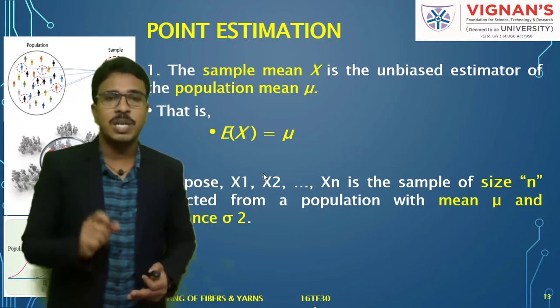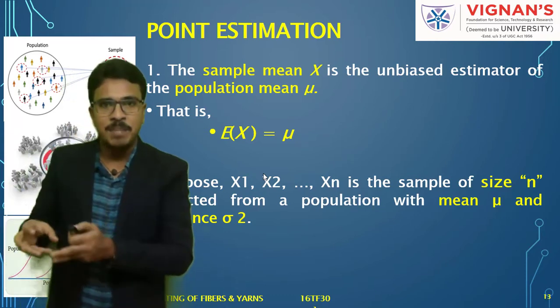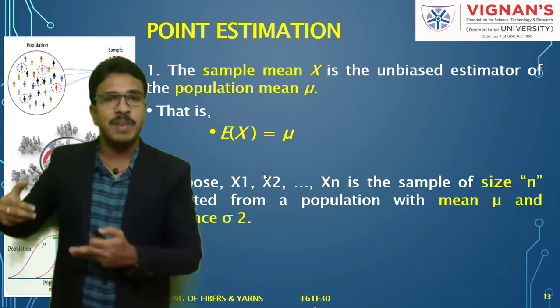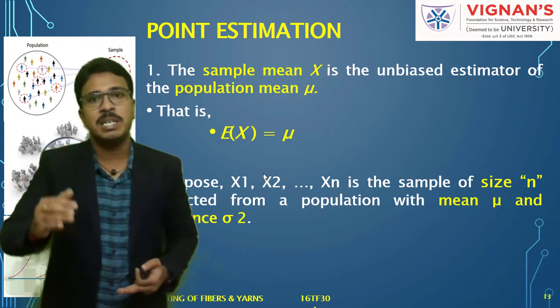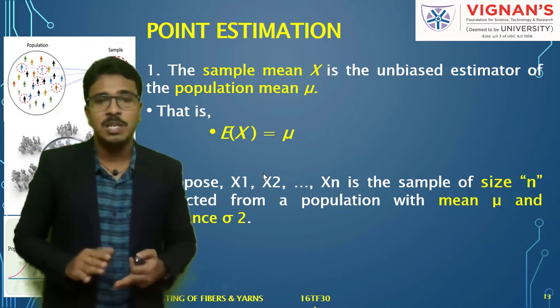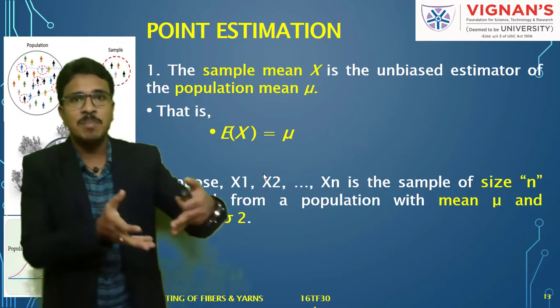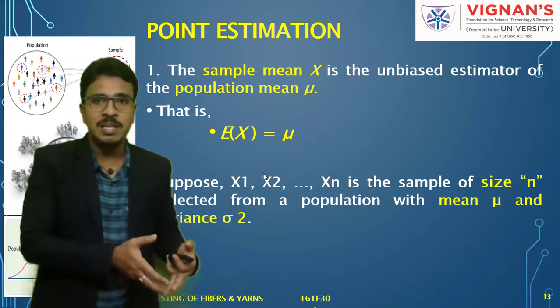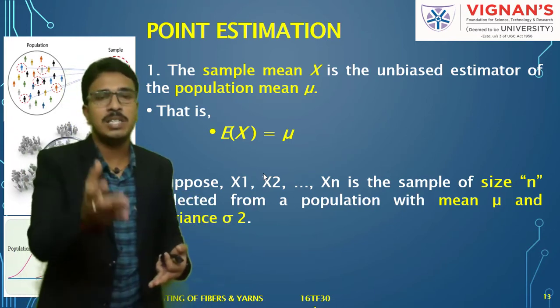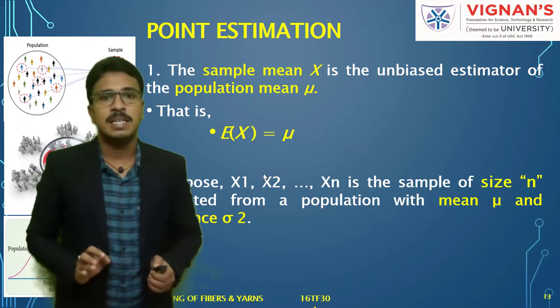So here you can see clearly, the population has parameters like mean and variance: mean we represent with mu and variance with sigma square. From this population we have selected a sample of size small n, having samples x1 to xn.